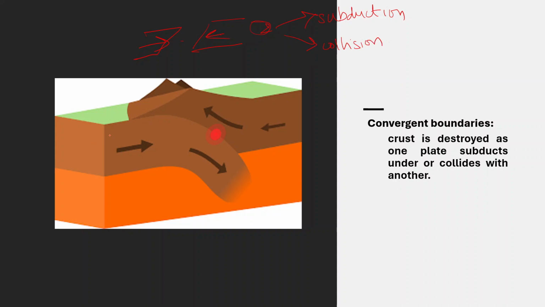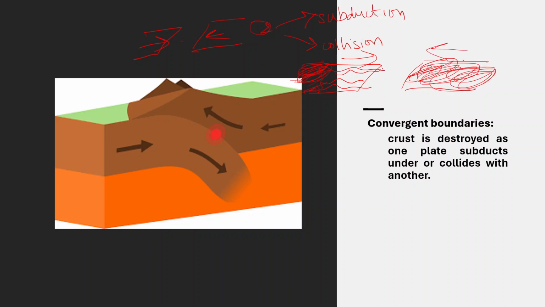So let's imagine this is an oceanic crust. You have water over here, and this is the oceanic crust. Some bit of land is over here; this darker part is the land. This is one plate coming in this direction, and then you have a continental crust coming in this direction.